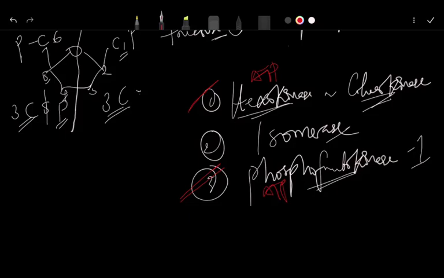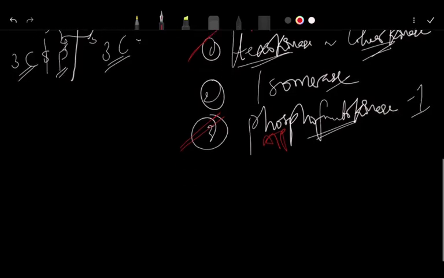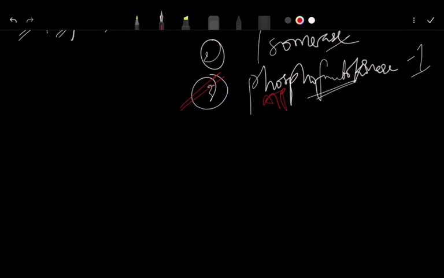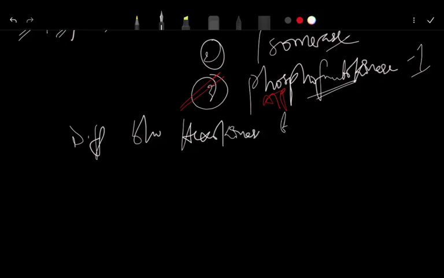Okay. Now, before we move to the next phase, which is the splitting phase, I would like to chip in something. There is a difference between hexokinase and glucokinase. So let's just do it now. Differences between hexokinase and glucokinase.